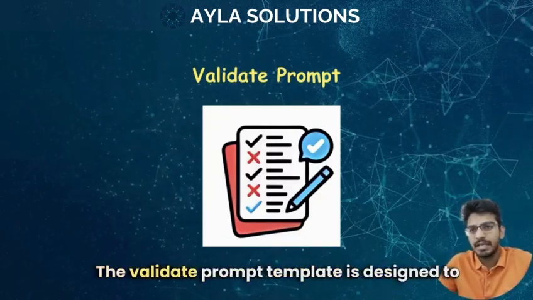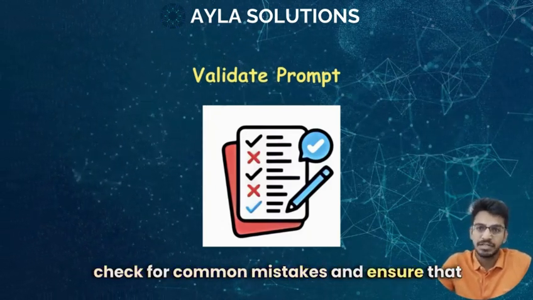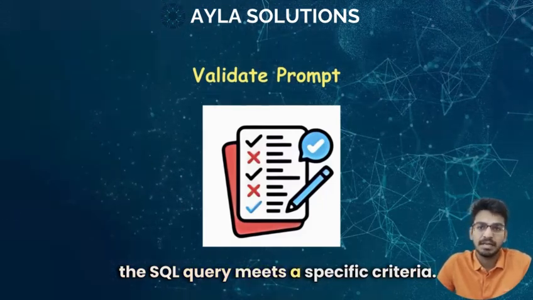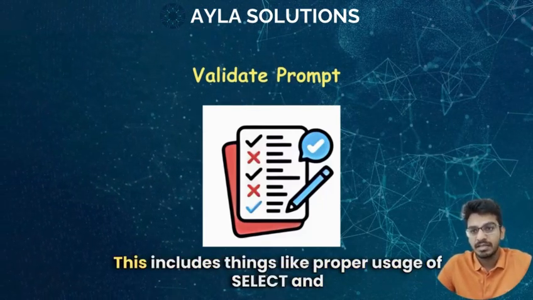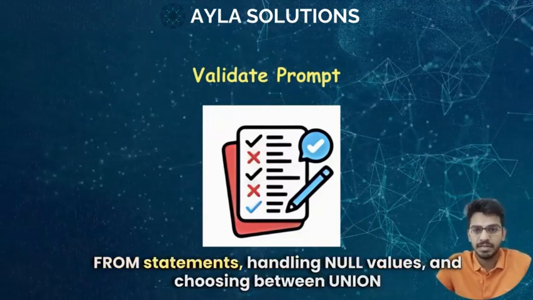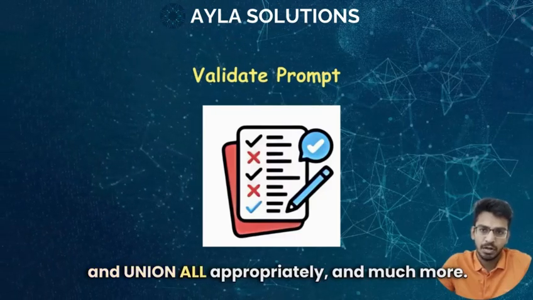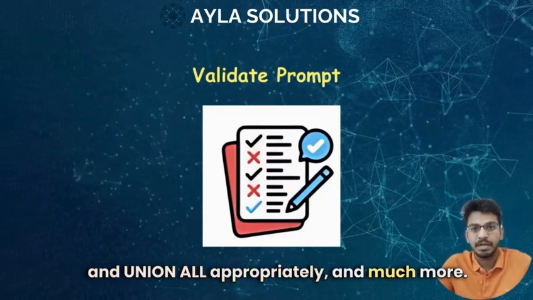Of course, the validate prompt template is designed to check for common mistakes and ensure that the SQL query meets a specific criteria. This includes things like proper usage of select and from statements, handling null values, and choosing between union and union all appropriately, and much more.